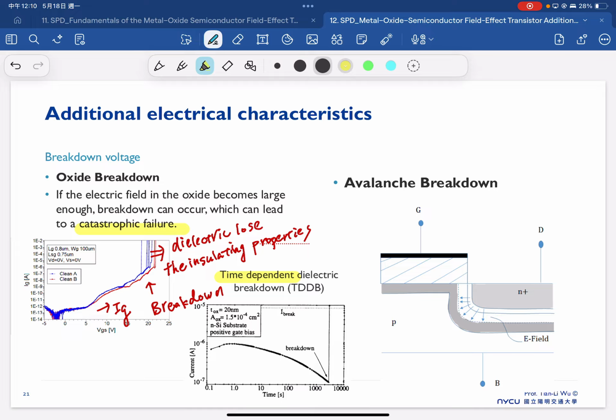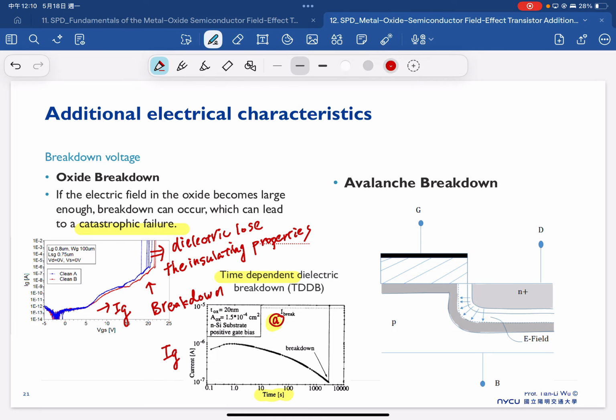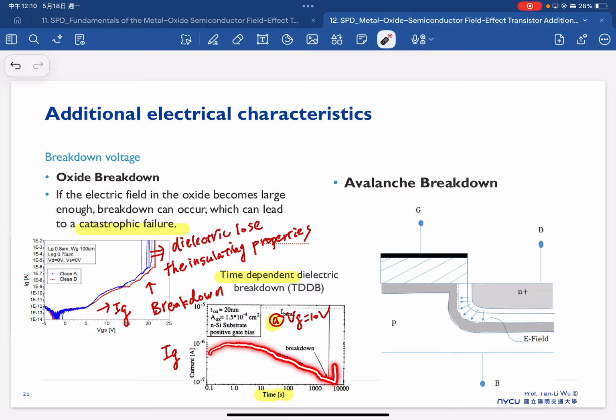So if you look at this graph, the y-axis is the gate current, the x-axis is time here. And if you bias at one fixed gate bias, for example at 10 volts, in the beginning we may have a stable leak current, but after a moment we see the current change, in the end reaching the breakdown condition.